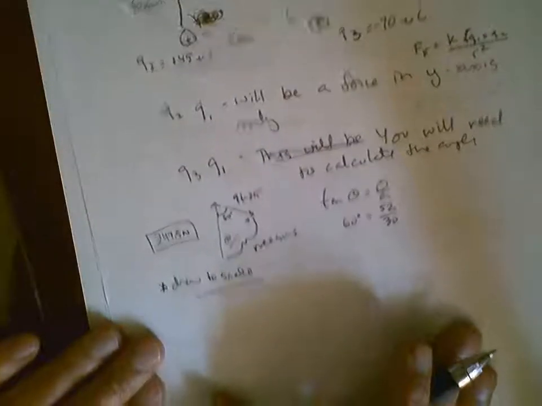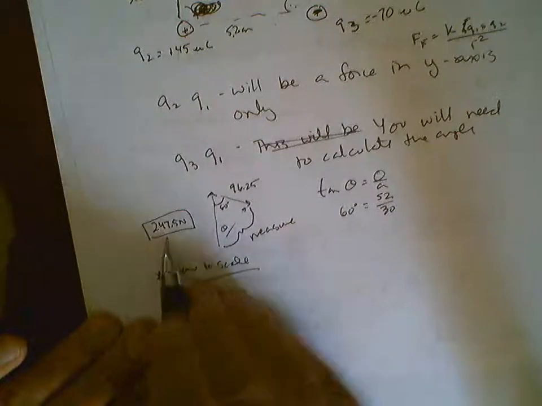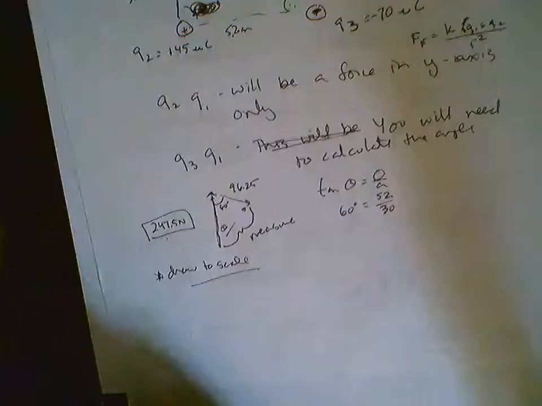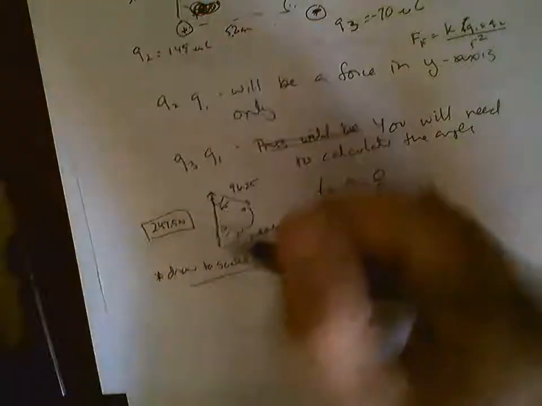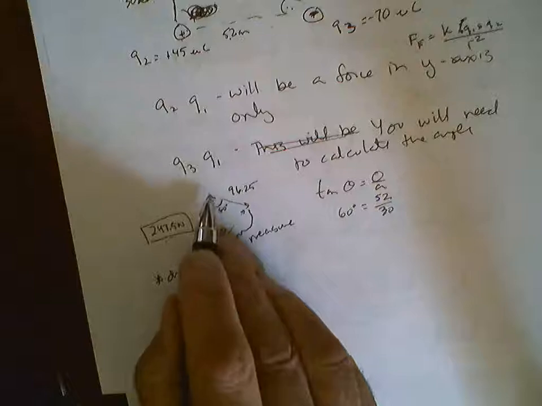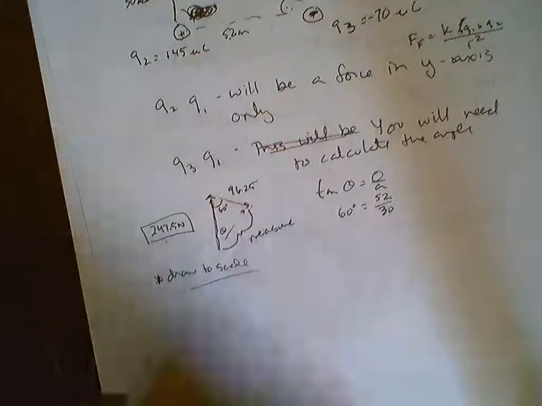And then what you can do is draw a scale diagram. So you make up a scale and you draw a scale for 247.5. So let's say that every Newton is 1/10 of a centimeter. So that would be 24.75 centimeters. And here you do the same thing and you draw a scale vector.